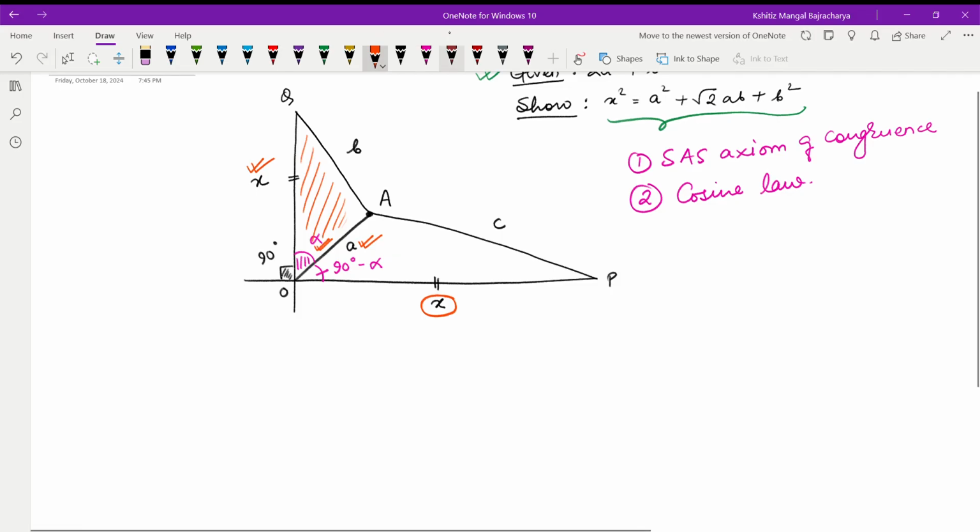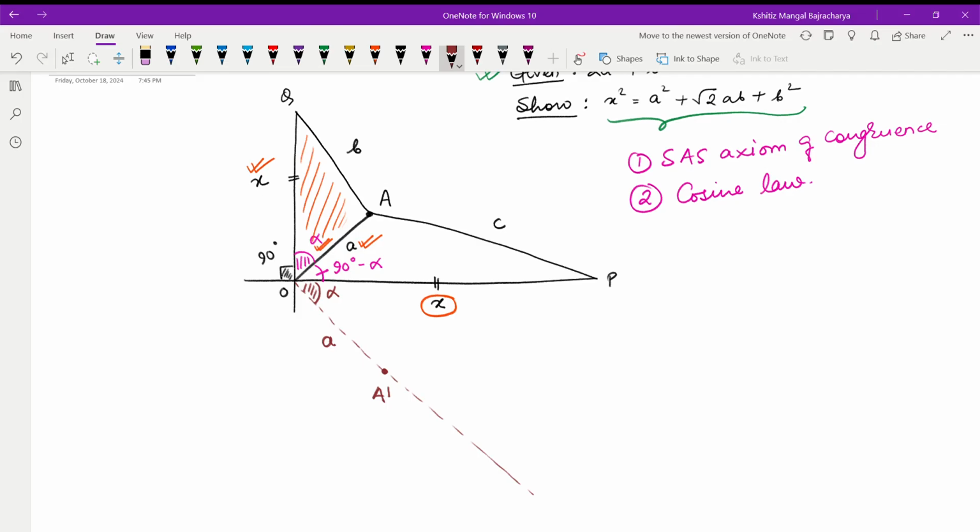Since alpha is less than 90 degrees, we can construct it like this. Now along this dotted line, we can take a length OA dash such that OA dash is equal to a. It's always possible.